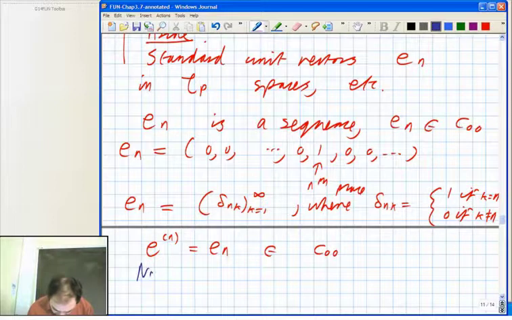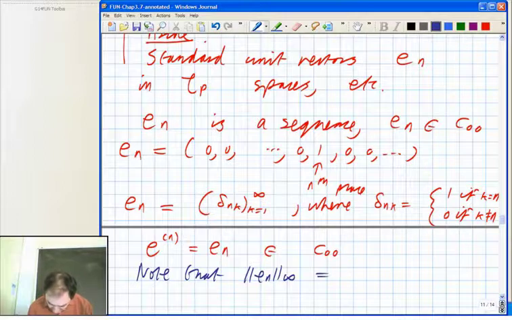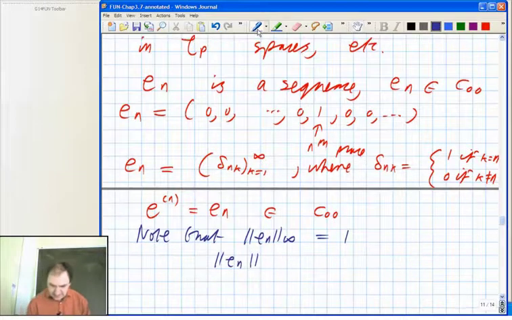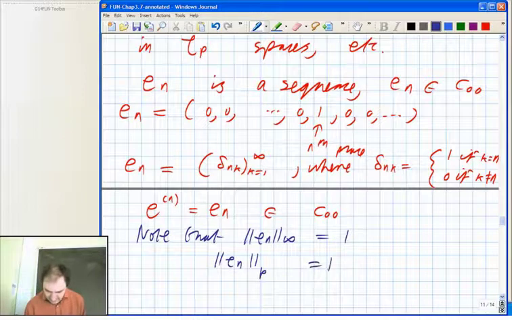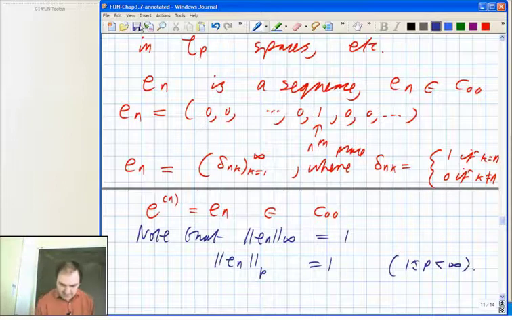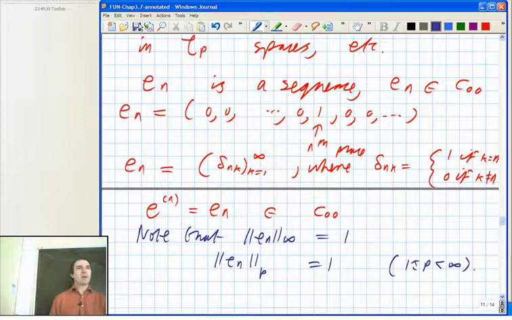So note that the norm of e_n in the infinity norm is 1, and the norm of e_n in any of the p norms is still 1 for p at least 1 and smaller than infinity as well, because there's just one term which is 1, you add it up and you get 1, and then you take the pth root and you get 1.